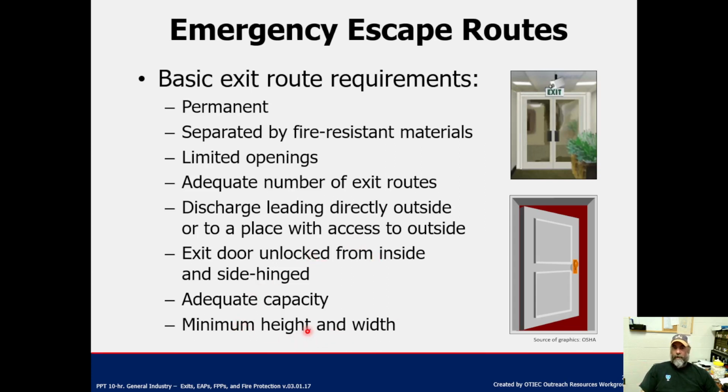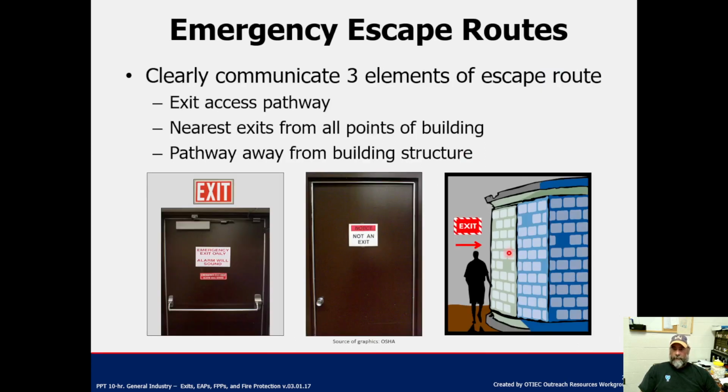And minimum height and width. You're probably not wanting to go through a door that's 1 foot wide and 2 foot tall to get out of an area. So you have to have your 3 elements of the escape route, like I said: exit access, nearest exits from all points of a building, and a pathway away from the building structure.